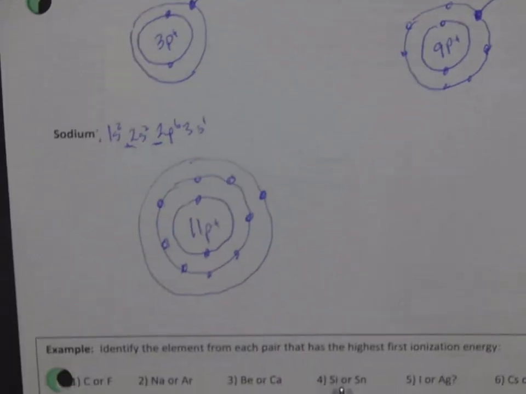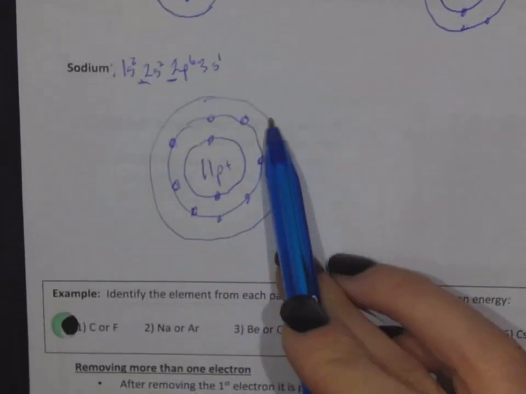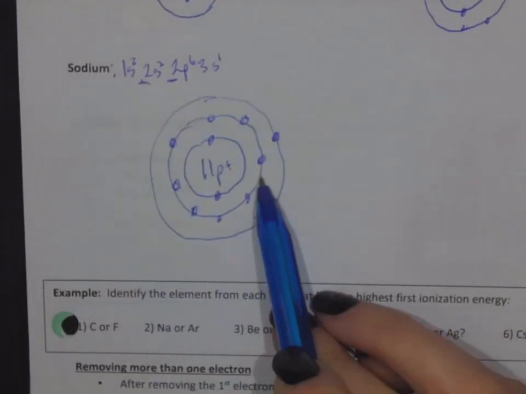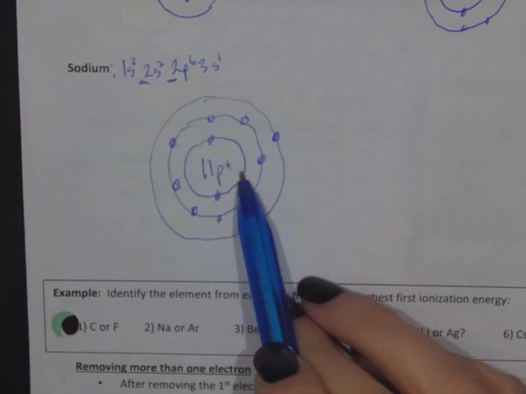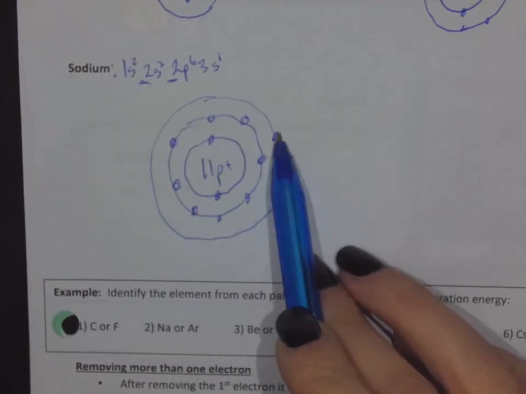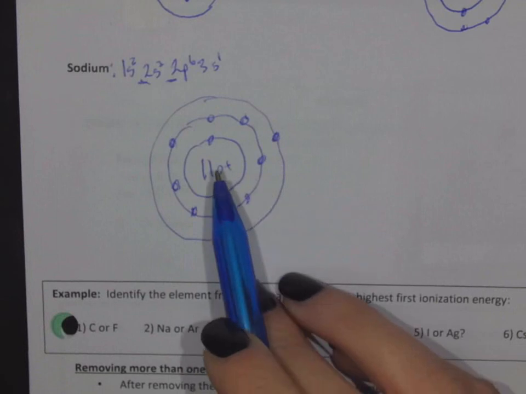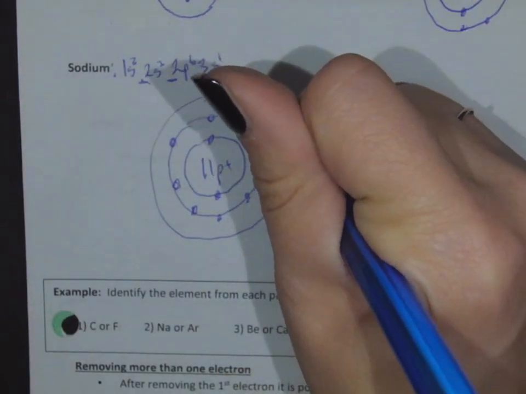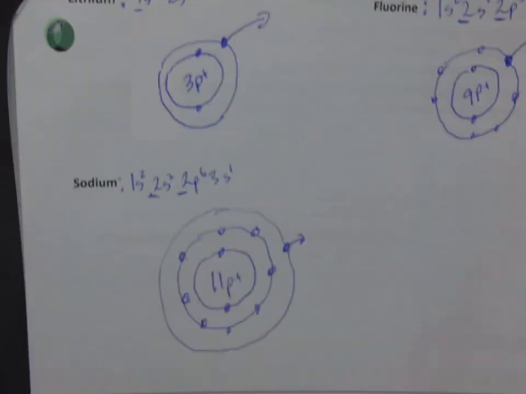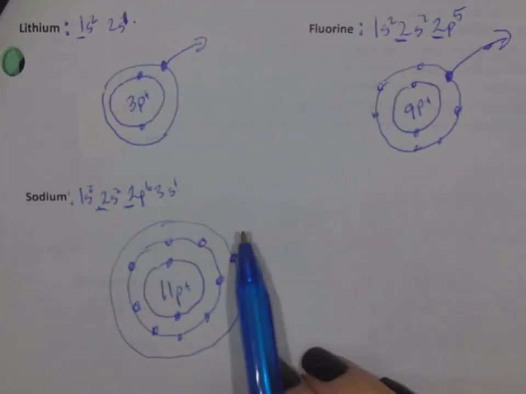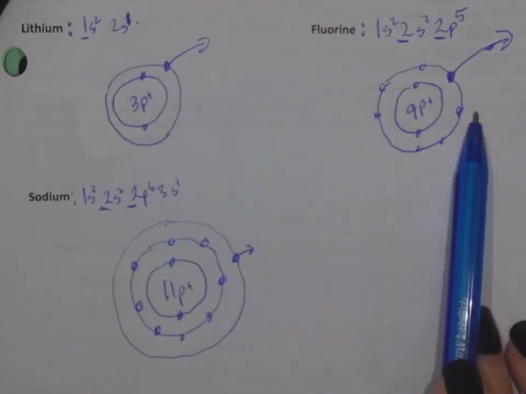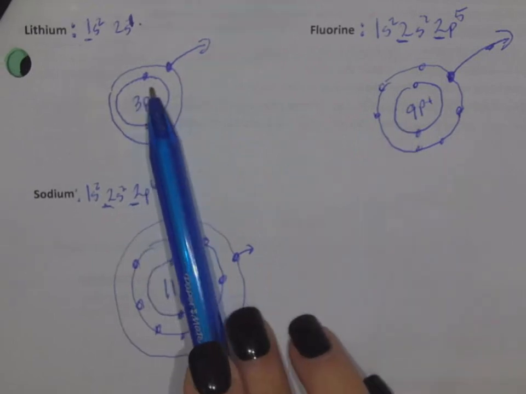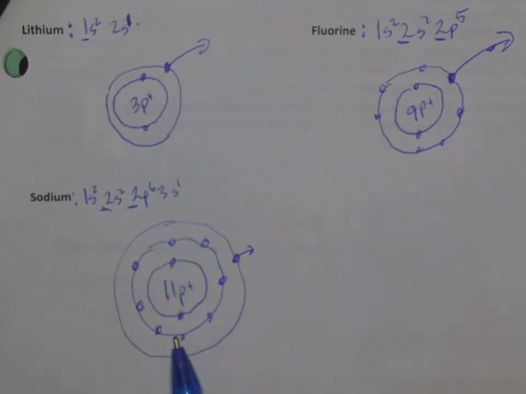But when we go down the group, now we have an entire new shell. And we have all of these inside core electrons that are pushing away this valence electron. So even though there's 11 protons, it's far easier to remove this valence electron. So going across the period, we increase in ionization energy, but going down a group, we decrease in ionization energy.